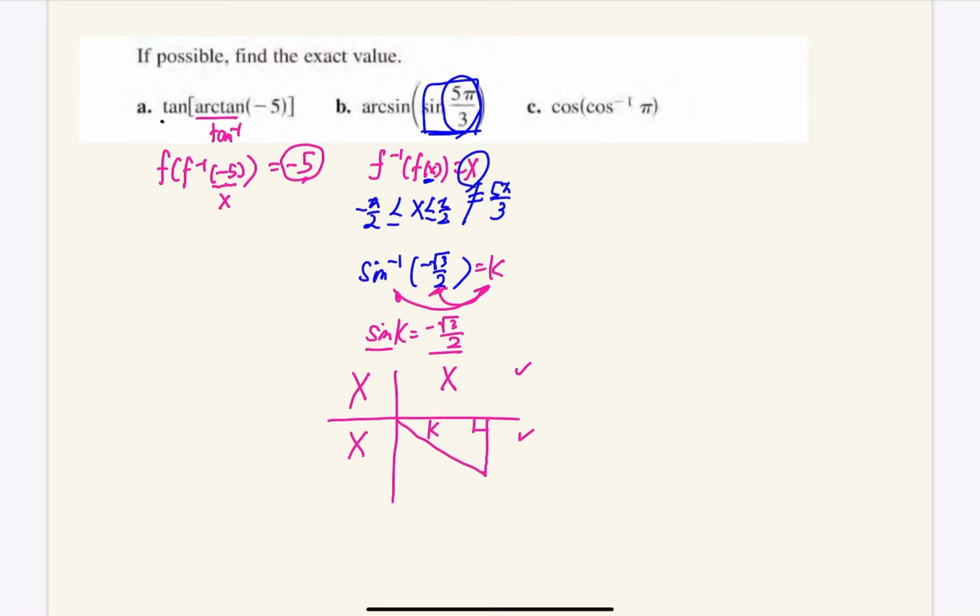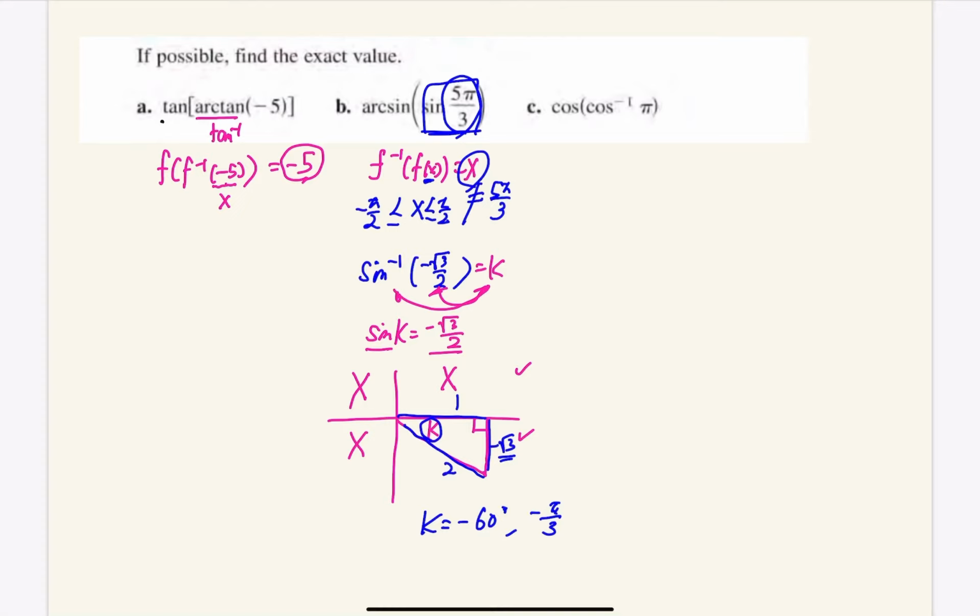The value of sine k is negative root 3 over 2, because sine is opposite over hypotenuse. The length of the other leg should be 1, right? So k is the angle located opposite the side of ratio square root of 3. So k is 60 degrees in the negative way, right? Negative 60 degrees, or negative pi over 3. All right.